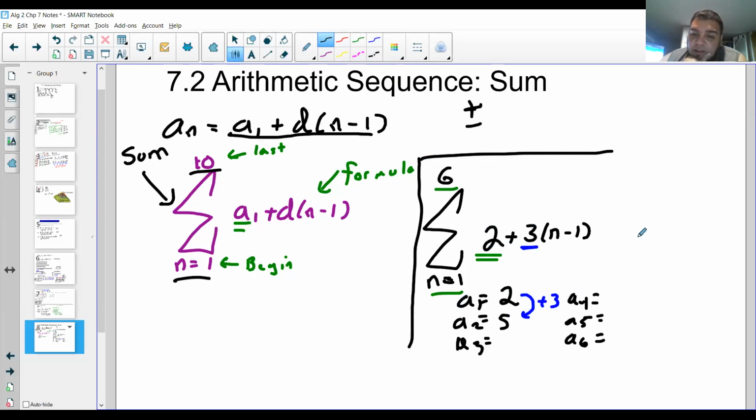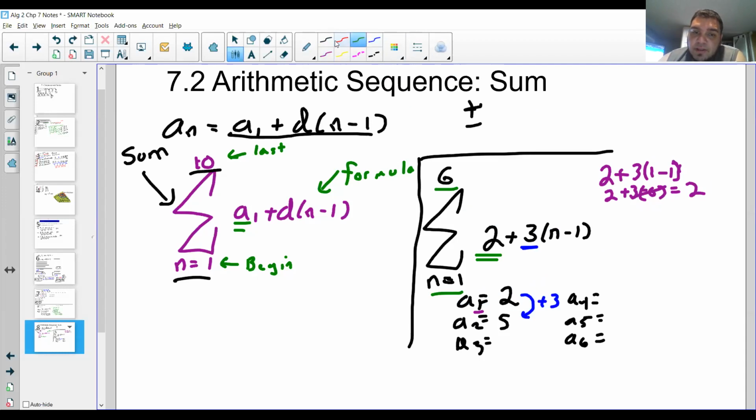So let's say I plugged it in. Let me just plug it in here. So 2 plus 3, I'm going to replace the n with a 1. So 1 minus 1. What ends up is 2 plus 3 times 0. So that's going to give me 2 because this crosses out, right?